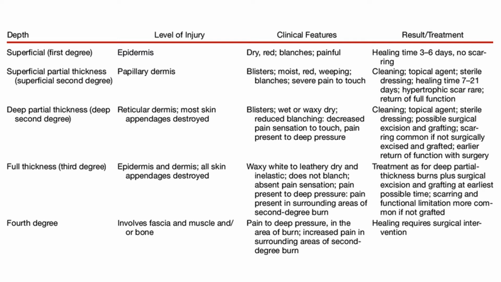It's going to look leathery. It's going to look inelastic. It's not going to blanch. There's going to be no pain, no sensation. We have total nerve damage. Possible pain to deep pressure.